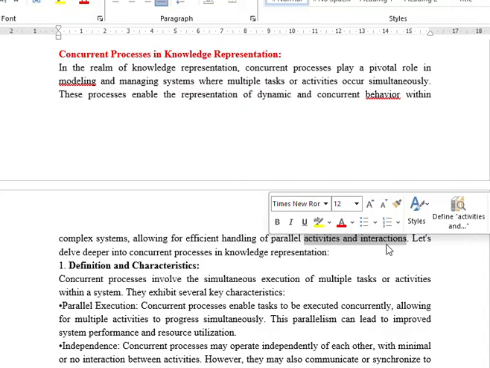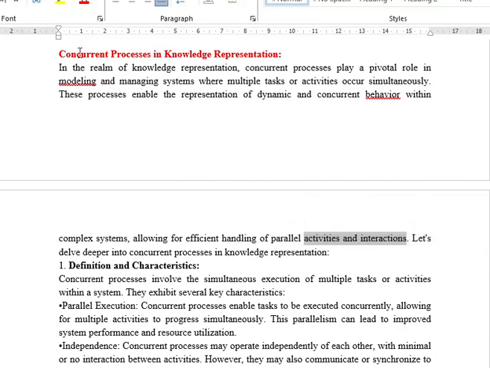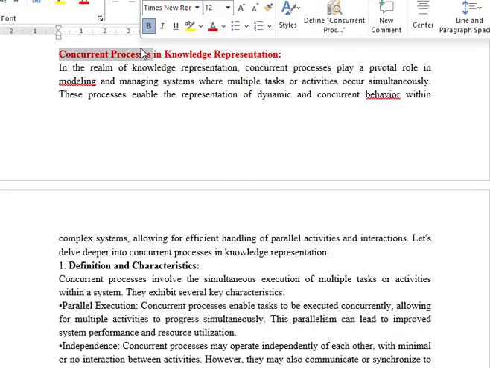So it allows parallel activities, and they interact with one another. It will be executing the activities, actions or tasks simultaneously. This is nothing but the concurrent process. To say simply, multiple tasks occur at the same time.